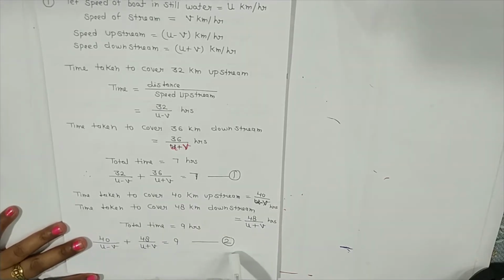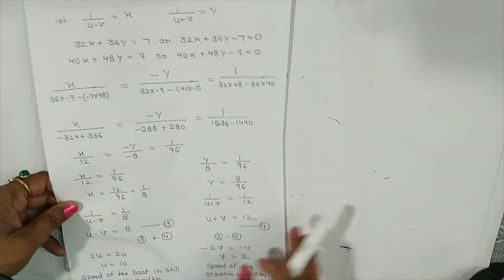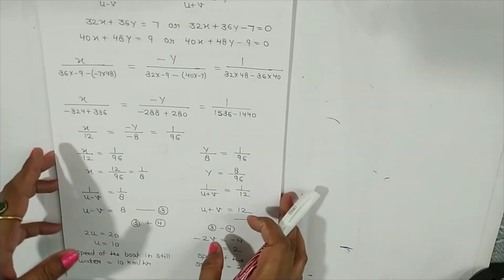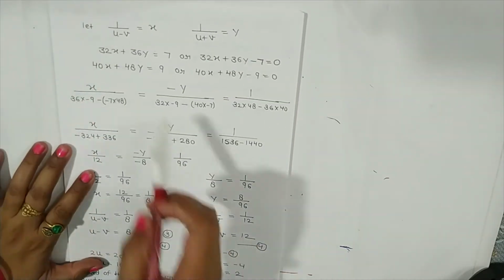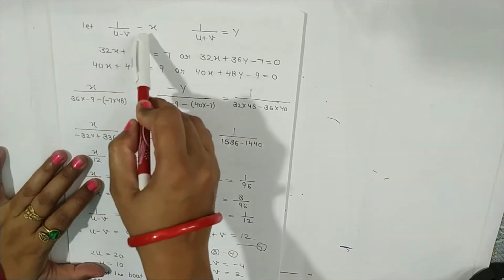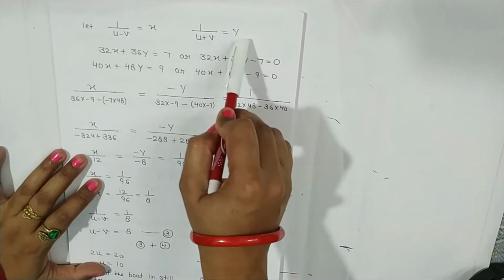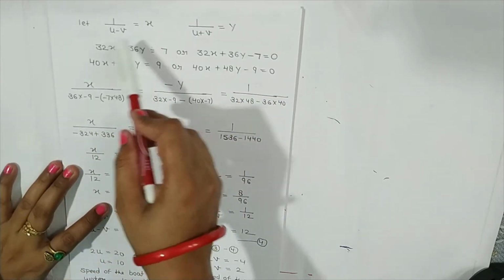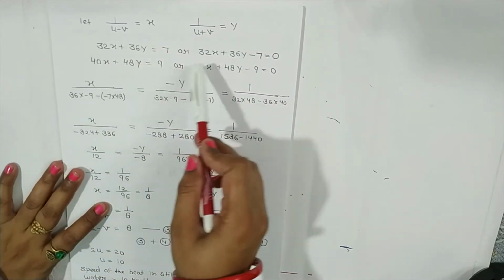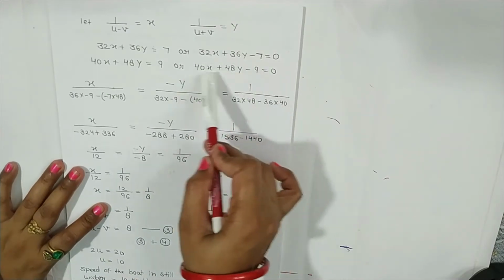So, this is the second equation. Now, we have to solve. We assume 1 upon u minus v is equal to x and 1 upon u plus v is equal to y. Now, we put these values in the equations, so the final equations will be these.